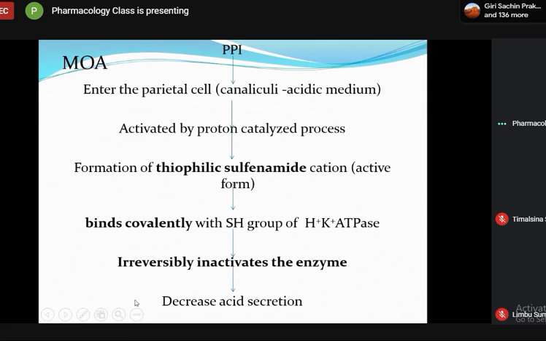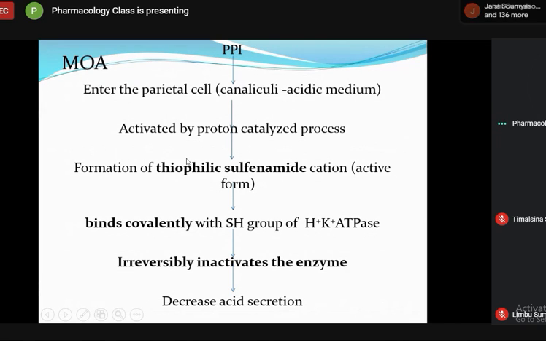So what happens in this chart? You can see these proton pump inhibitors enter into the parietal cell, the canaliculi of the parietal cell, which is the acidic medium, and they get activated to form a thiophilic sulfonamide cation by the process of protonation.